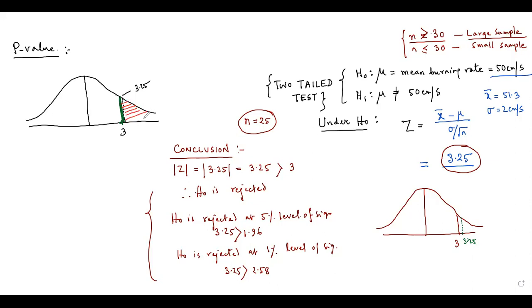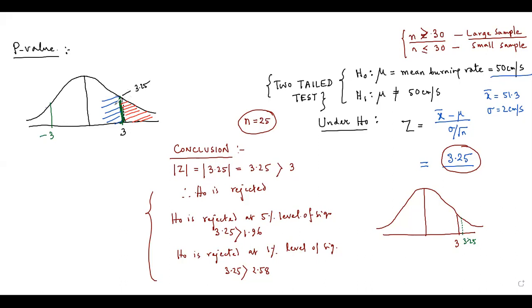I'm drawing this region in red color, and this part is the acceptance part. You have to keep in mind that on the left side, -3 is the boundary. So within this, we have the acceptance region. 3.25 is falling very near to the boundary between the critical region and the acceptance region.